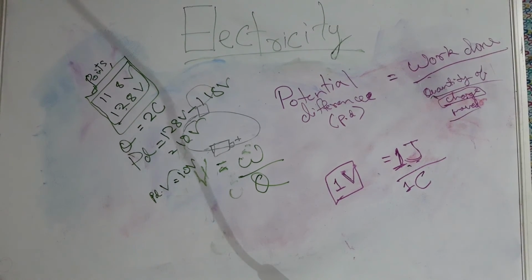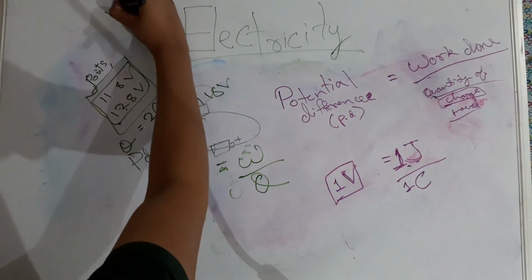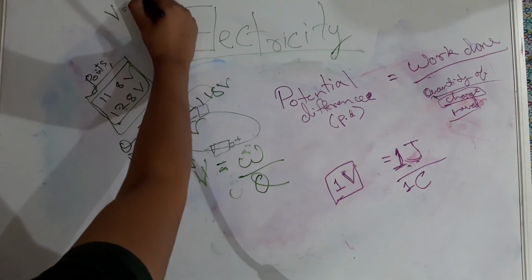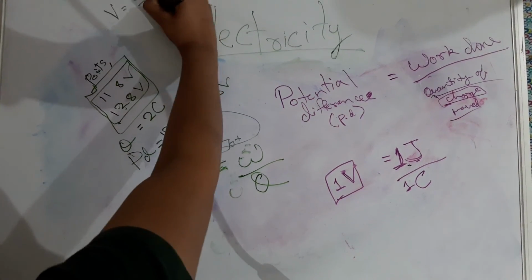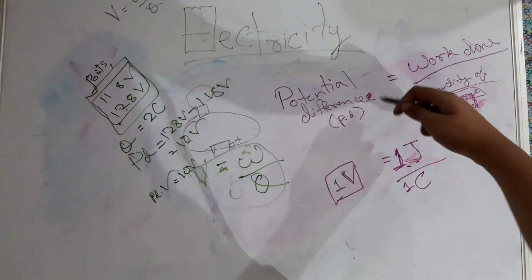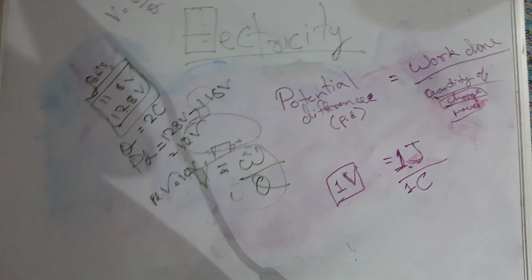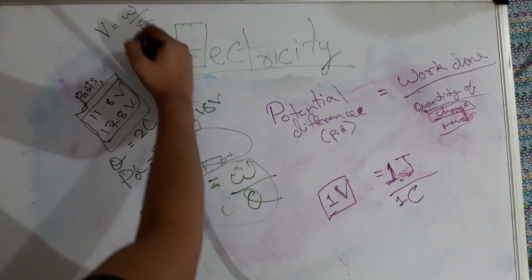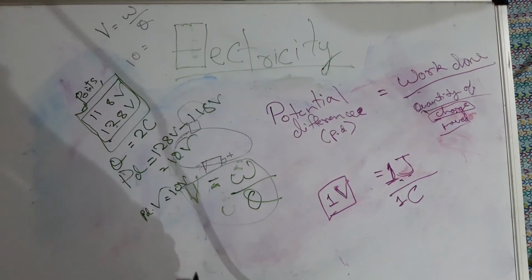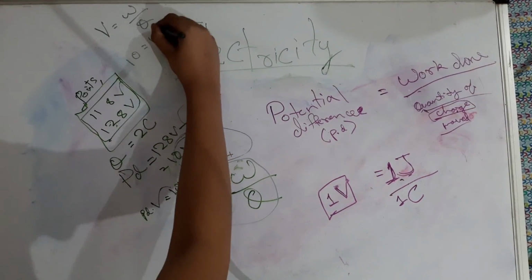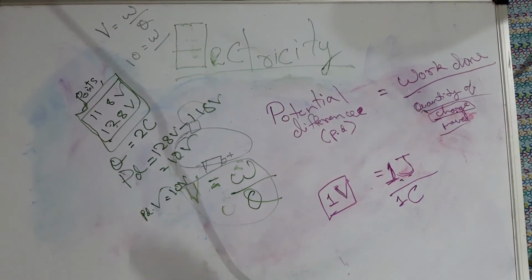Now let's solve this. It's very easy. V, that is potential difference, is equal to W by Q, as we know from this equation. V is 10, W is not given, we have to find it, and Q is given, that is 2.